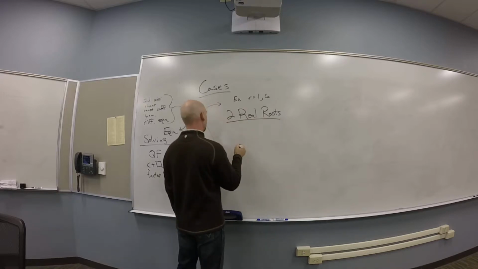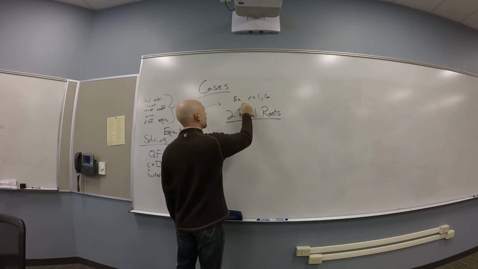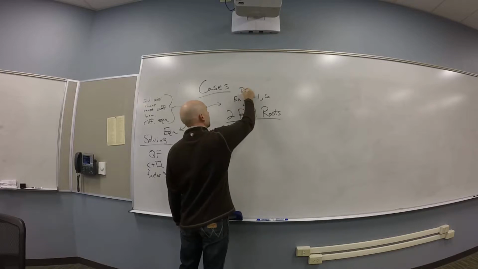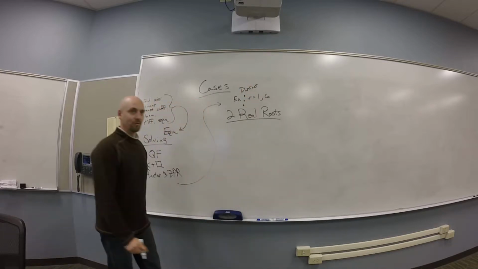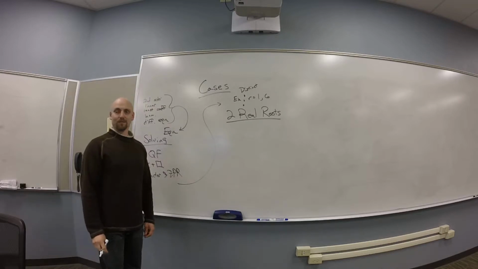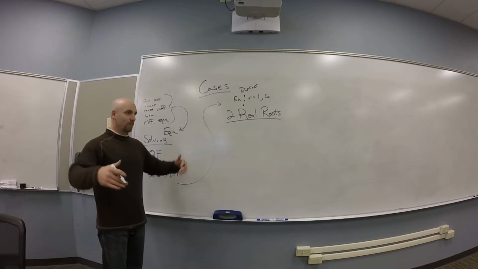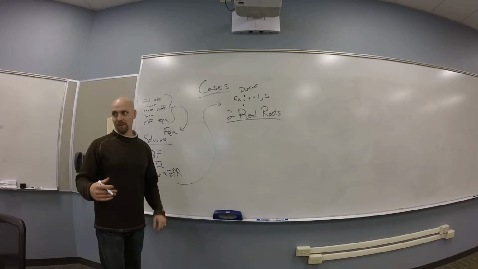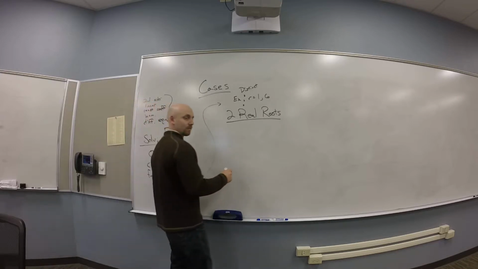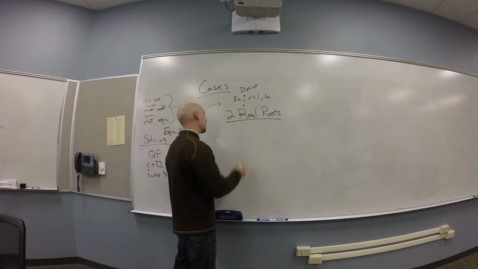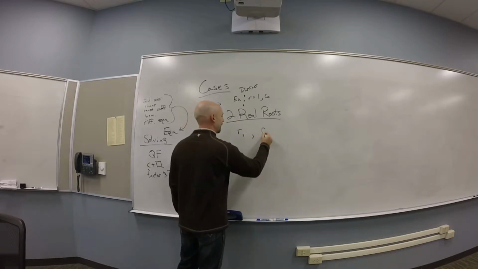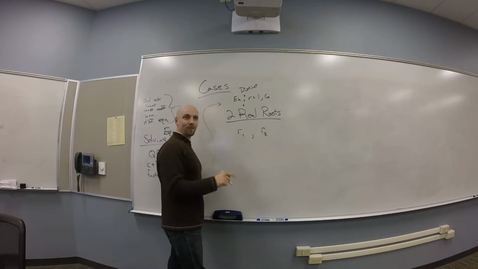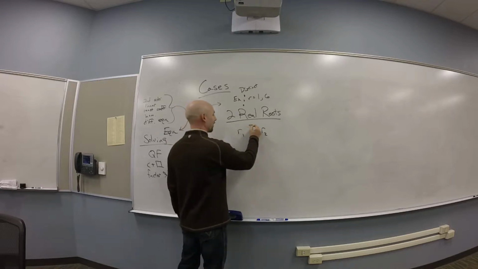Maybe here I should say that they're distinct real roots. You get 2 numbers, they're real numbers, and they're different. That's when the discriminant of the quadratic does not go away, and it's not negative. So you get R1 and R2, and they're not equal to each other.